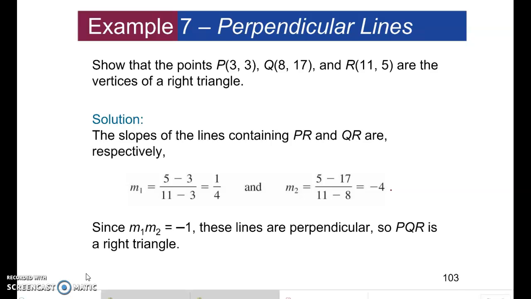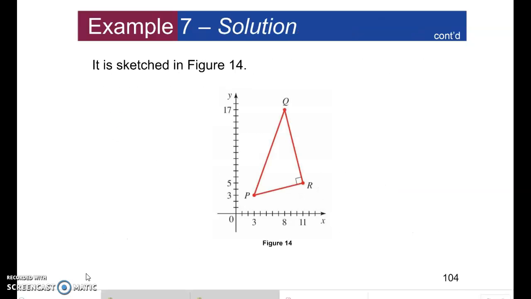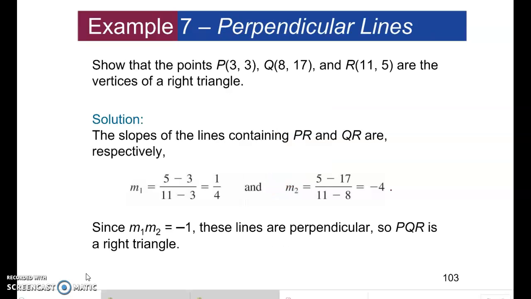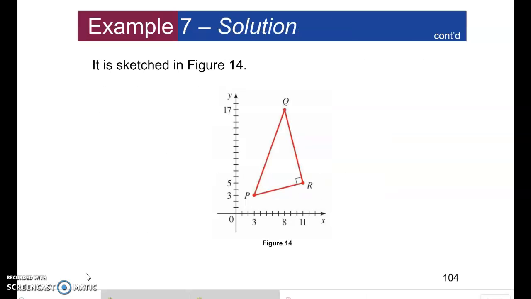Notice that if you multiply 1/4 by negative 4, you get a product of negative 1. Therefore, they are perpendicular. Also, the opposite reciprocal of 1/4 is negative 4 over 1, which is negative 4. If I graphed it, plotting the points P, Q, and R that were given, we can see that that does appear to be a right angle at the vertex R.